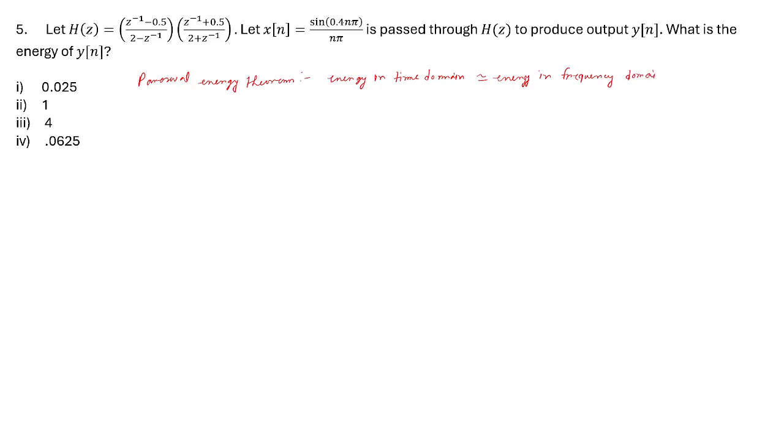So that's theoretical. What is the mathematics we are going to use here? So the energy of y[n], how do we write this up? We write it like this: the sum over n from minus infinity to infinity of the absolute value of y[n] whole squared.